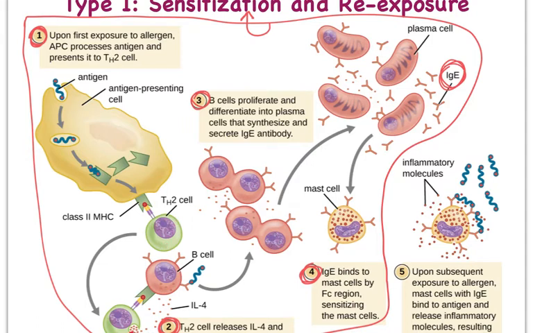That T helper cell will then be able to interact with a B cell that also already managed to connect to that very specific squiggly antigen by means of its B cell receptors that will ultimately, as you know, become these IgE molecules, but we're not quite there yet.